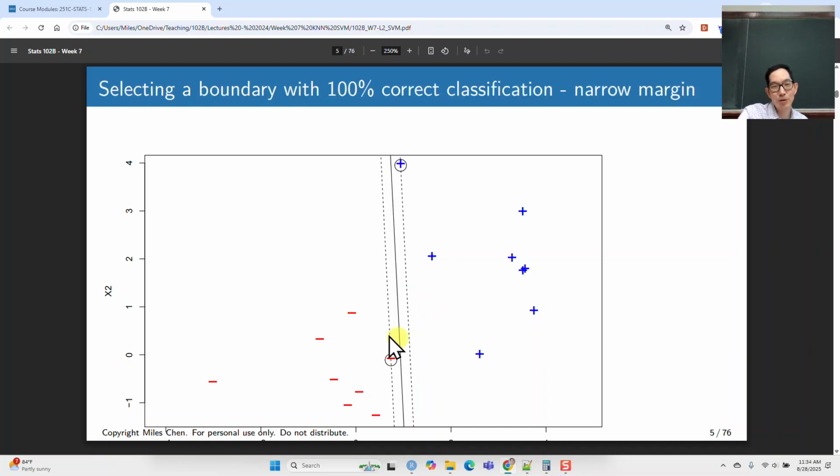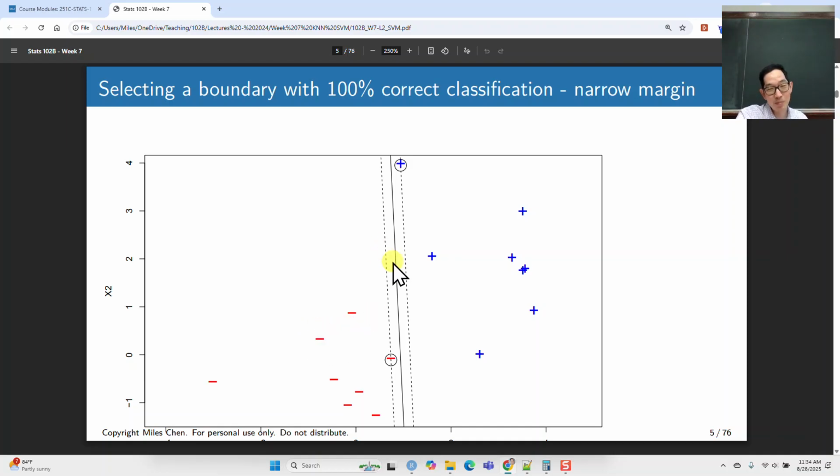So here, this would not be an optimal boundary. This line down the middle does correctly classify everything on the right as blue and everything on the left as red, with blue being blue pluses and red being red minuses.